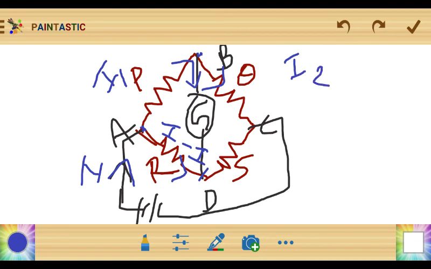So the part of I1 which is left is I1 minus I2. Or what I'll do, as I know the current flowing through the galvanometer is Ig, the part here is simply I1 minus Ig, which will flow through arm B.